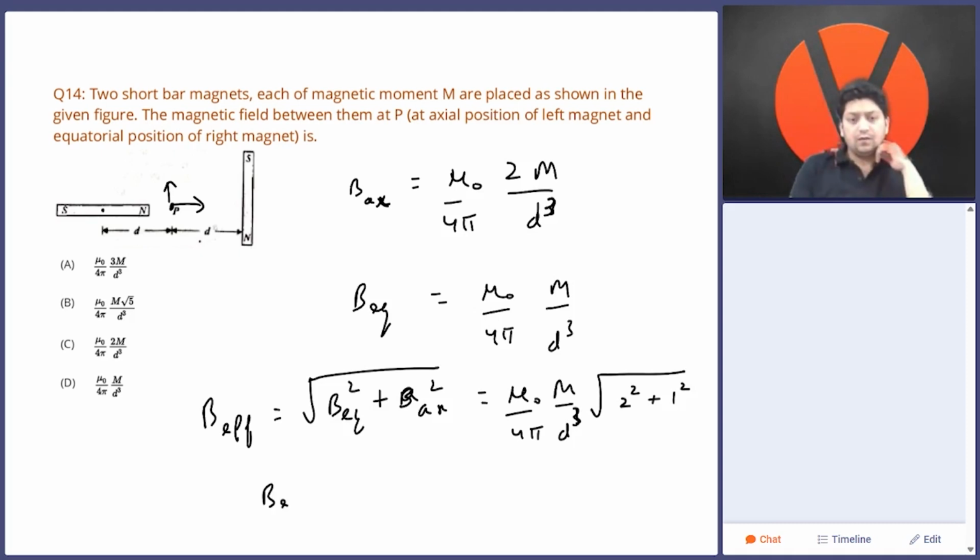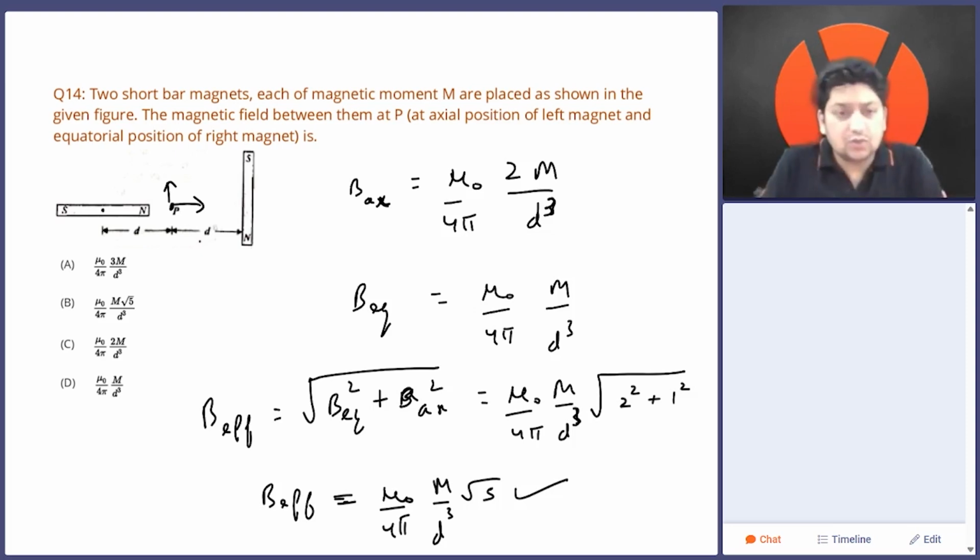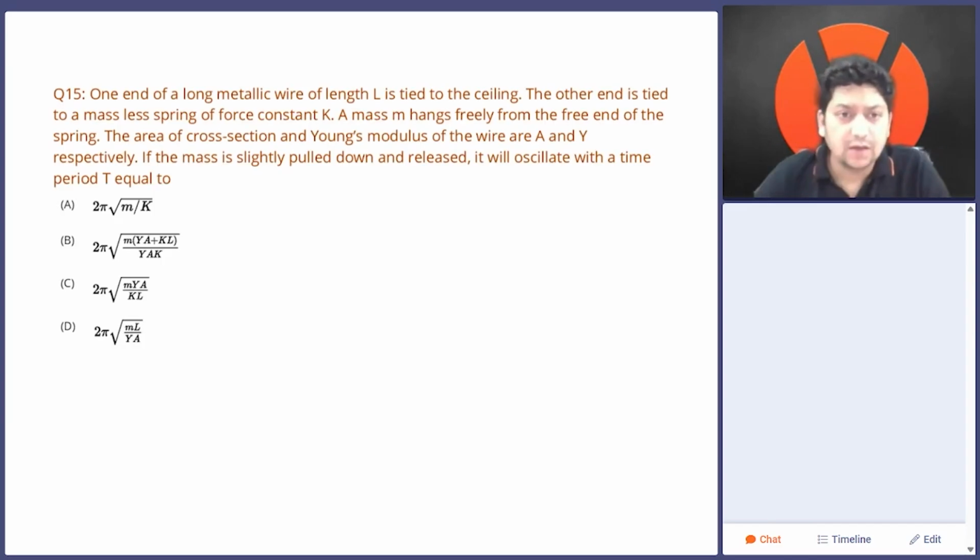So B effective will be nothing but mu naught upon 4 pi, m by d cube, root 5. So B option is the correct answer. This is how you solve this. Let's move to the next question.